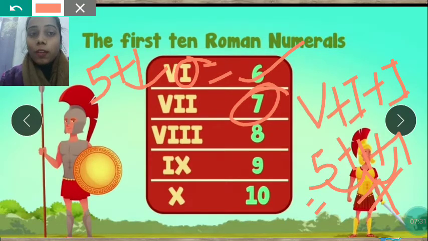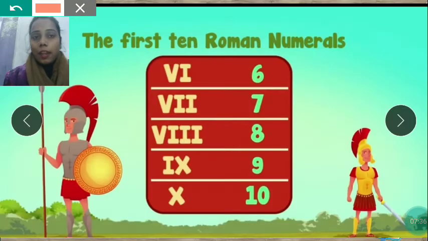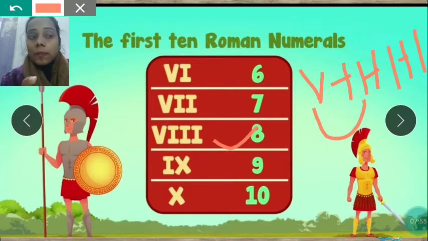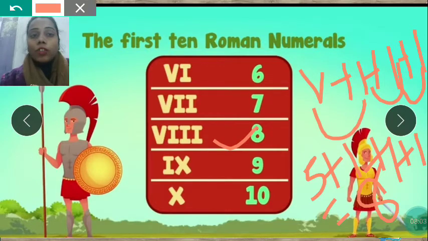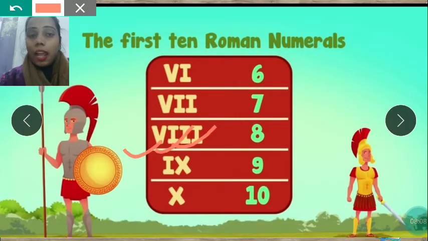So to write the Roman numeral of 7, we will write V, I and I. Similarly, student, to write the Roman numeral for number 8, we will write V, then I. I will indicate 1, again I will indicate 1, and again I will indicate 1. So 5 plus 1, 6; 6 plus 1, 7; and 7 plus 1 will be what? It will be equal to 8. So the Roman numeral for number 8 will be V, I, I, and I.